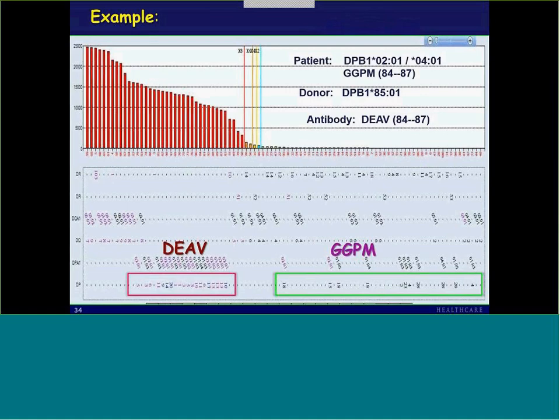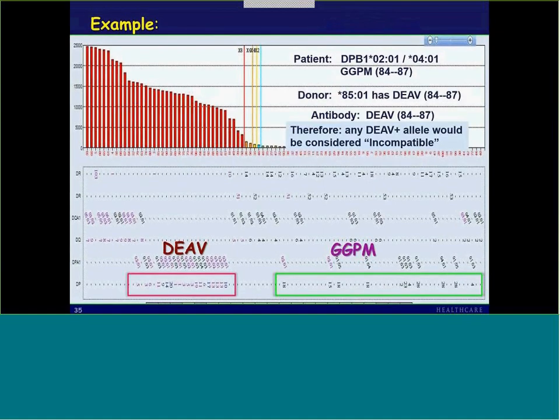This is a very clear-cut case which jumps right out at you. What we would do at our institution is consider any DEAV allele incompatible for this particular recipient. And at this point, we still have to find out what 8501 expresses.